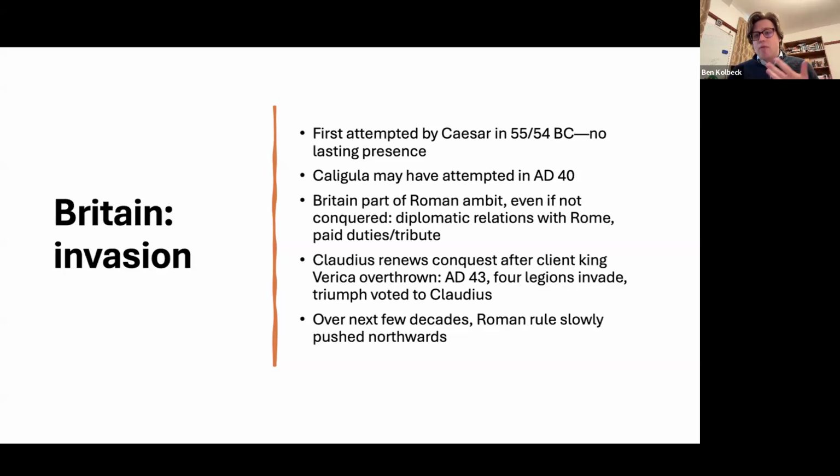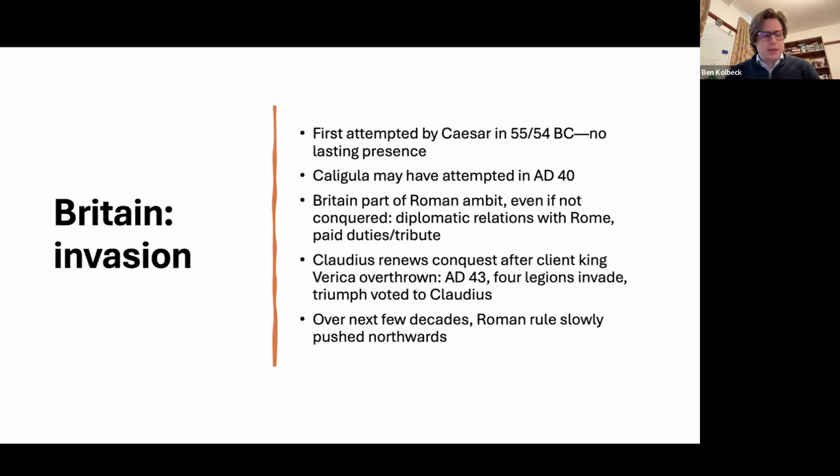But direct military annexation takes a long while to happen from the Roman side. It's almost a century later until there's another serious attempt to take Britain, and that may have been under the Emperor Caligula.